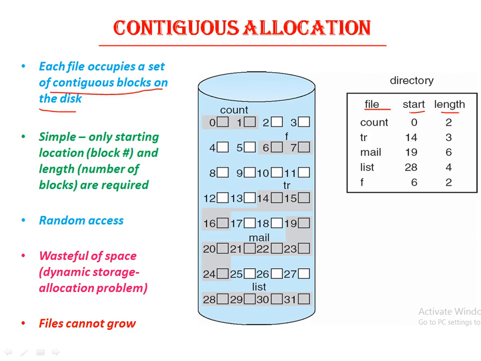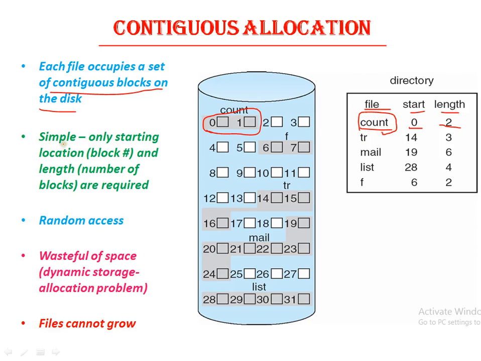Start tells the starting point of that particular file which is stored, and length tells us the number of blocks used for that file. Here, count is the file name, the starting block is 0 and length is 2. In this disk, blocks 0 and 1 are used for the file named count.